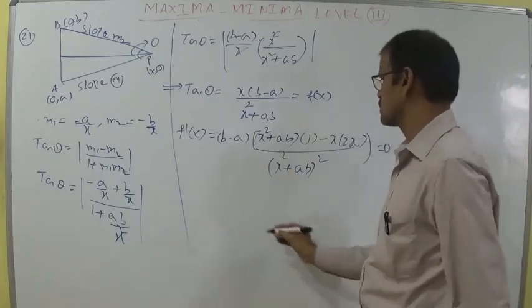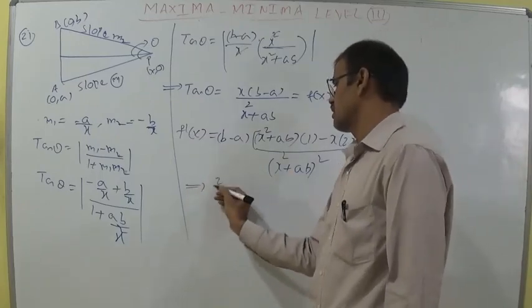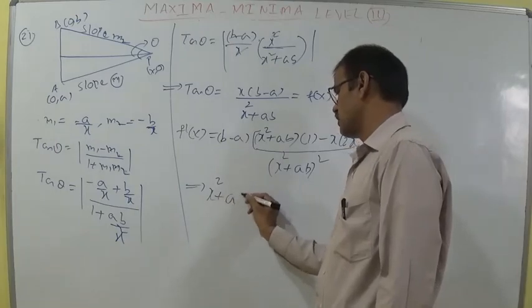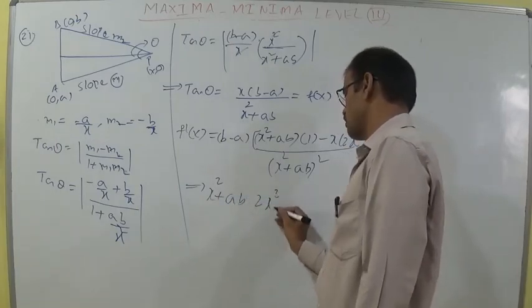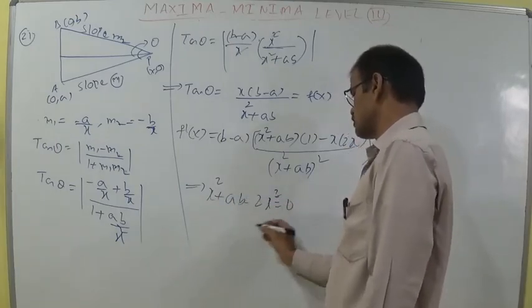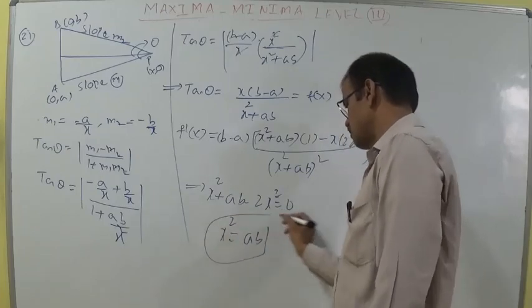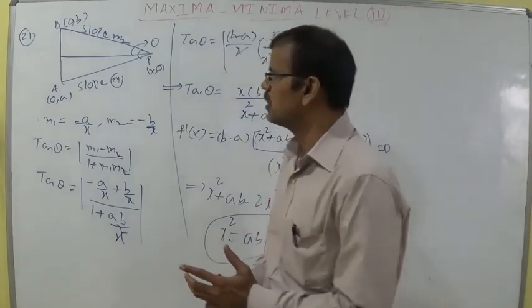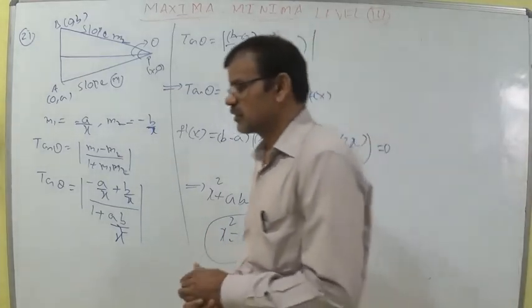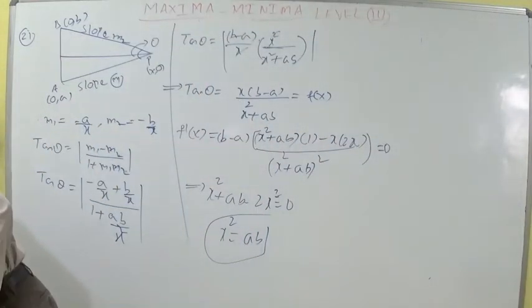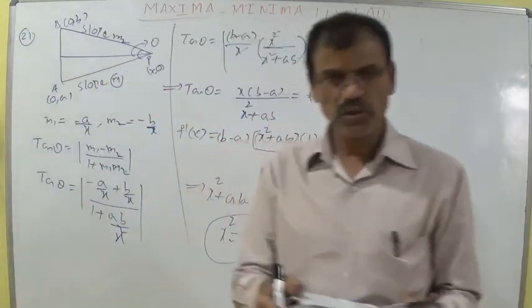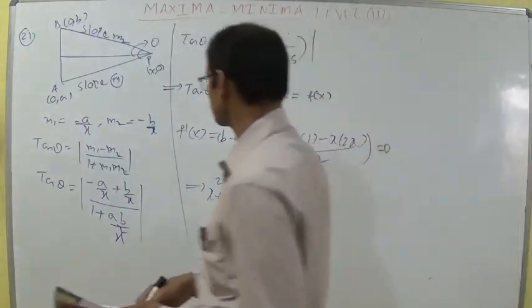Taking these terms to that side, x square plus ab minus 2x square is equal to 0. Then x square is equal to ab. You can say that a, x and b are in GP; otherwise the condition is x square equal to ab. Simply given as x square equal to ab, first option.